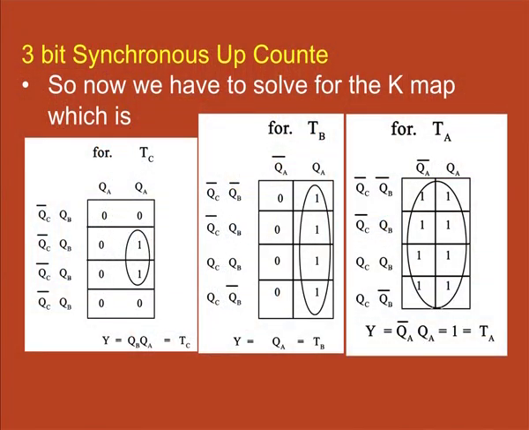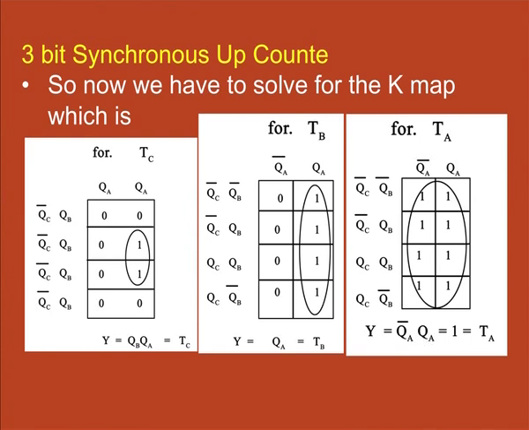Now, once we get the information from the excitation table, we can solve the K map for each of the inputs of the flip flops. For TC we can use the following K map, where the vertical section is QC bar QB bar, QC bar QB, QC QB and QC QB bar, and the horizontal rows are QA bar and QA.